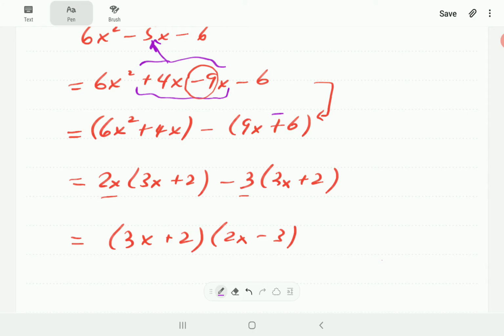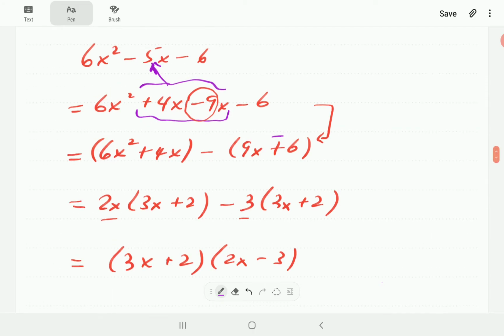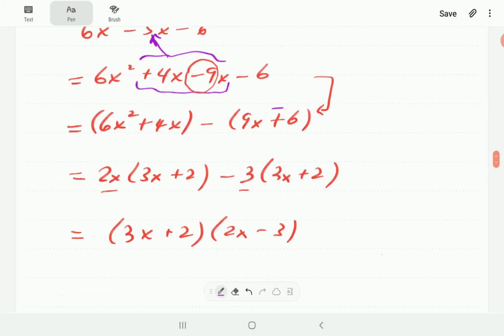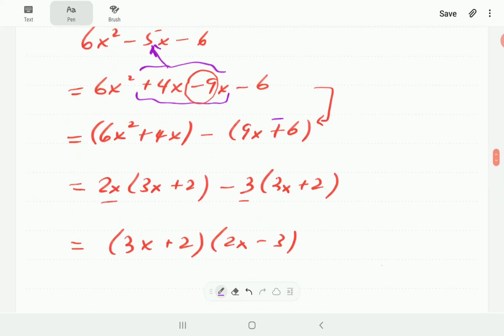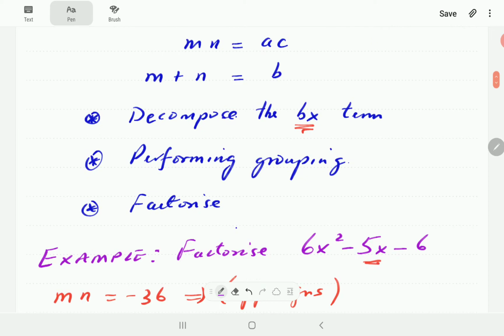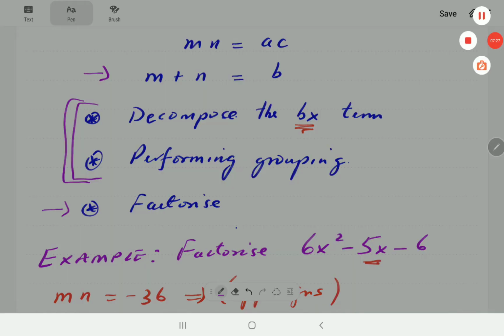Now the next method, I'm calling it the AC compact method, is going to circumvent this potential problem. In fact, that method does away with these two steps here. So from here we simply go to that step. So let's see how it works.